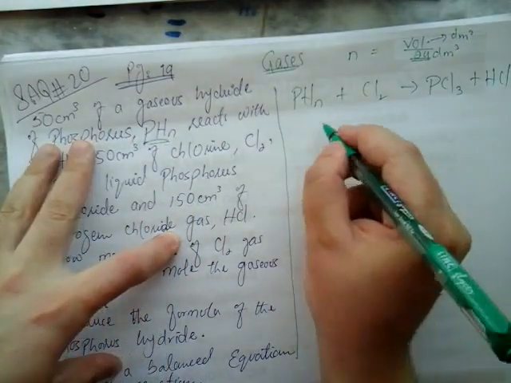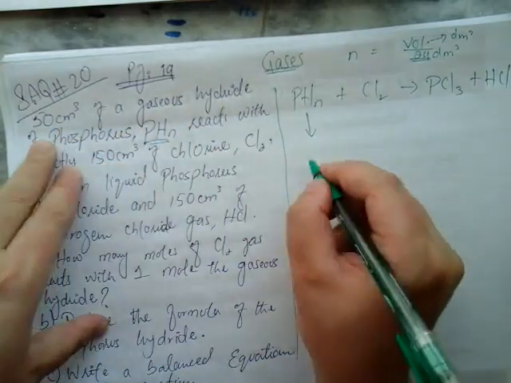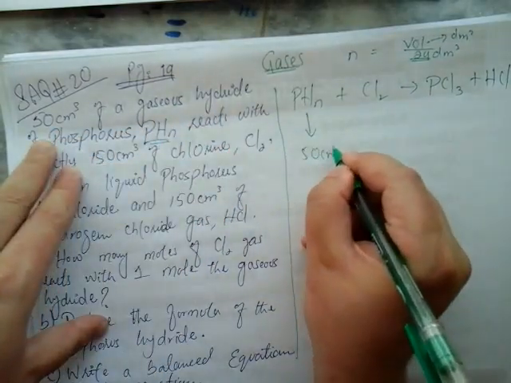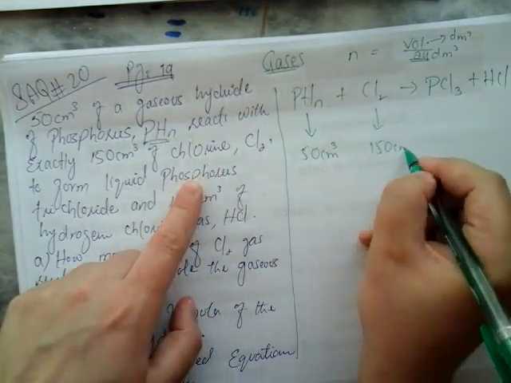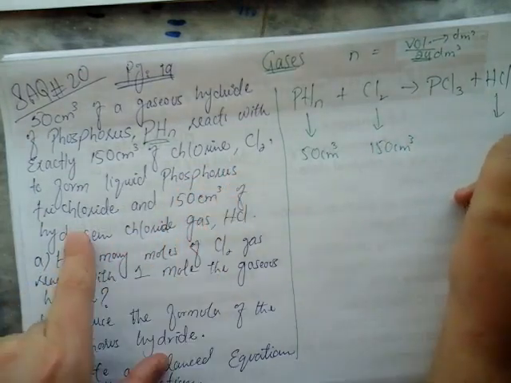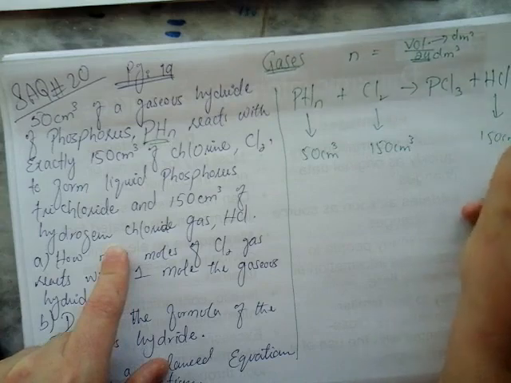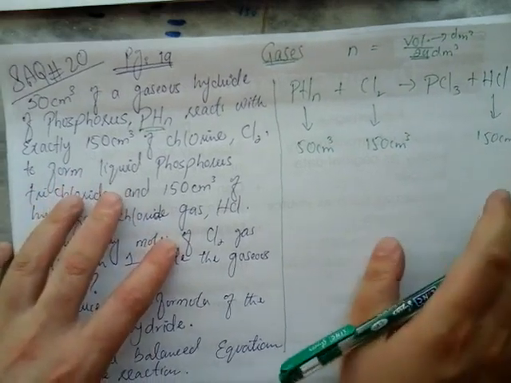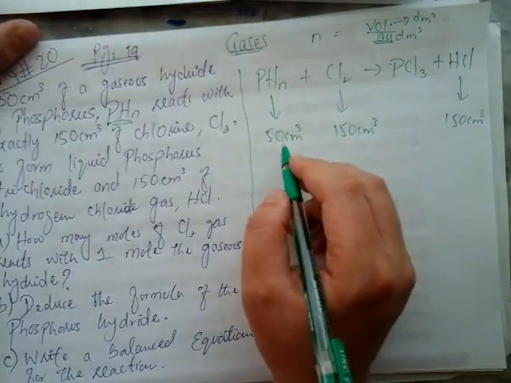Okay, so here the gaseous hydride of phosphorus is 50 centimeter cube, chlorine is 150, and here hydrochloric acid is also 150. Okay, now all of the values are given in a very small unit, that is centimeter cube.